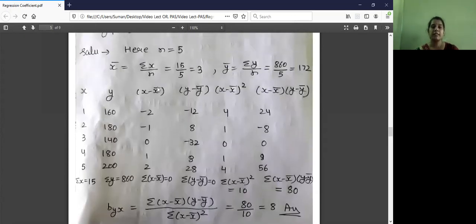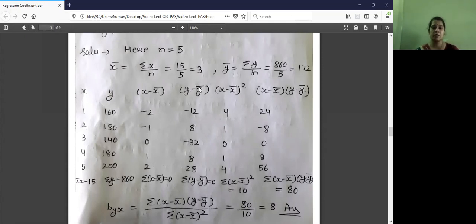Got it? So here our first column is x minus x bar. So here x bar is equal to what? 3. So 1 minus 3 is minus 2, 2 minus 3 is minus 1, 3 minus 3 is 0, 4 minus 3 is 1, 5 minus 3 is 2.